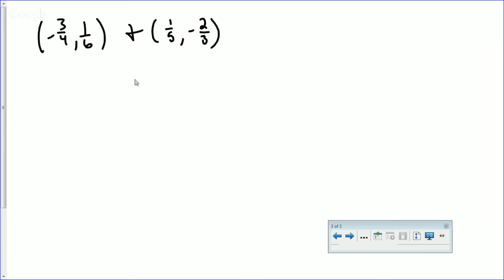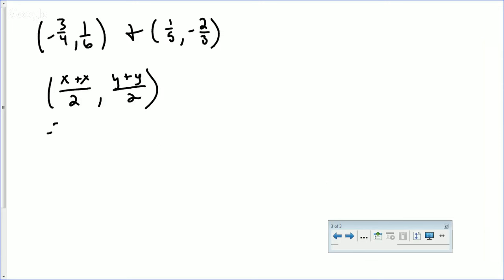Okay, number 12 says find the distance and midpoint between -3/4, 1/6, and 1/5, -2/3. Okay, midpoint is just the average of your x's and the average of your y's. So we'll add them up and divide by 2.